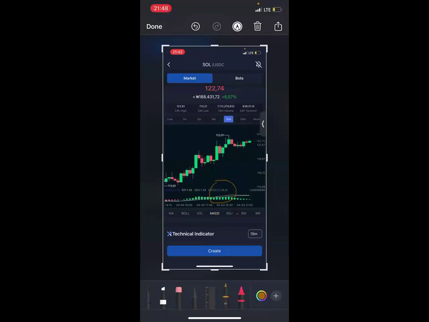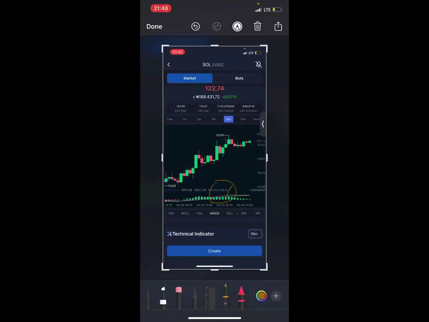So now MACD plots these three different average periods, which are the 12 days, 26 days, and the 9 days. And then they move differently, right? Because what the MACD does as an indicator is indicate to us the momentum in price. So we know that when there is upward momentum, it's always indicated in green, right?